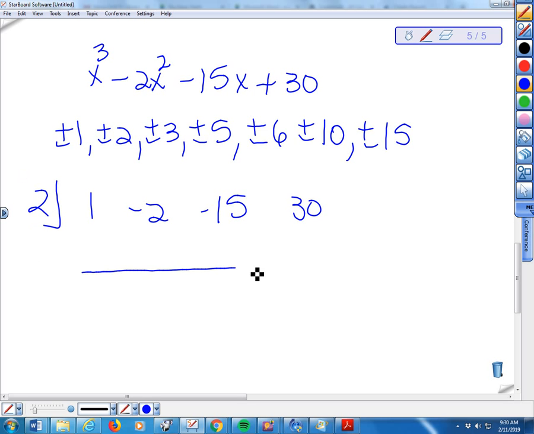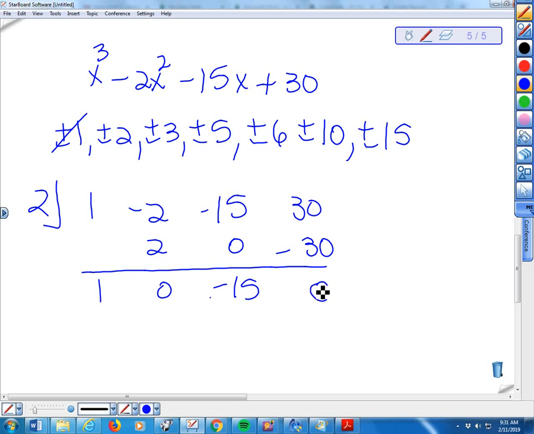2. So this is no. 1, 2, 0, 0, negative 15, negative 30. 1, 2, 0, 0, negative 15, negative 30. I got my 0.